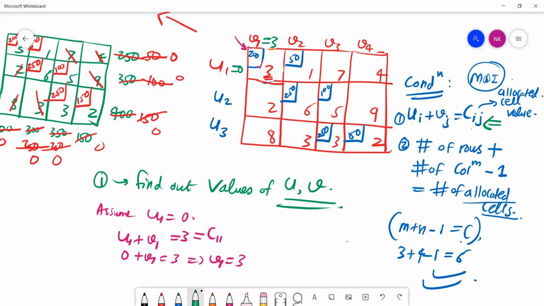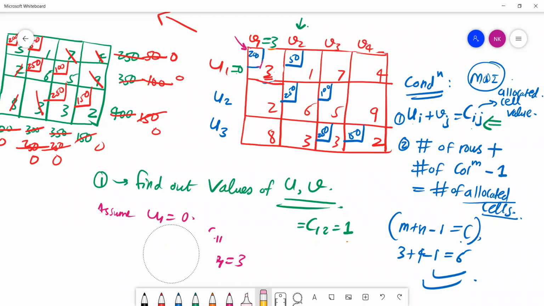So with the reference of u1, having u1, which is another variable, you can find out the value depending on the allocated cell. So it is nothing but this one, v2. You can find out this value of v2 because of this c12 is equal to 1. So it's nothing but just the adjustments of the variables.